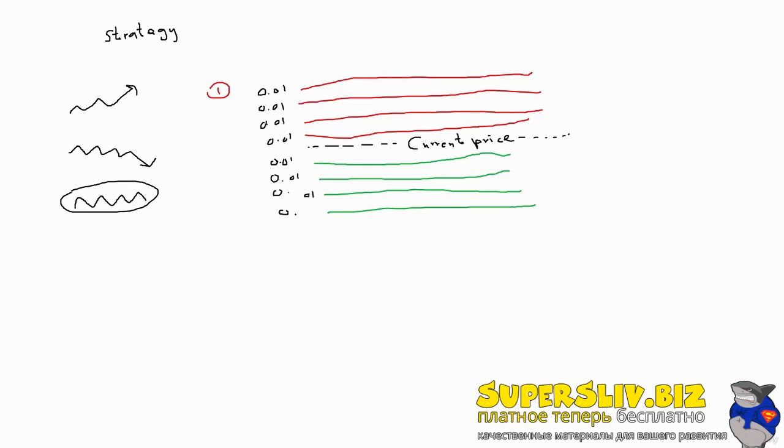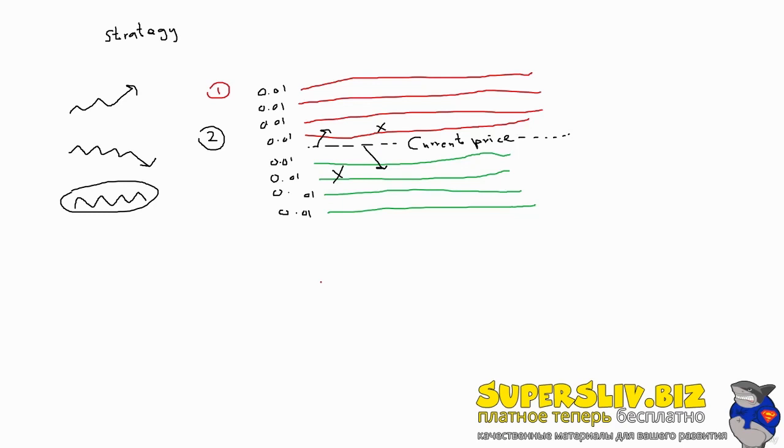Now in the second step, imagine price will go up and trigger sell limit orders. Then we are going to close the buy limit orders. If price goes down and triggers buy limit orders, then we are going to close the sell limit orders.